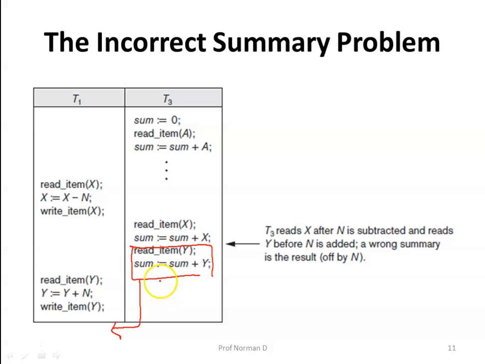Then we can say that the aggregate value, or total number of reserved seats, would be a proper value. Now what is happening over here is T1 is still executing and T3 has found the total number of reserved seats. This type of problem is called the incorrect summary problem. We could have corrected it by placing these two instructions after y. Then only T3 would have given us a proper answer.